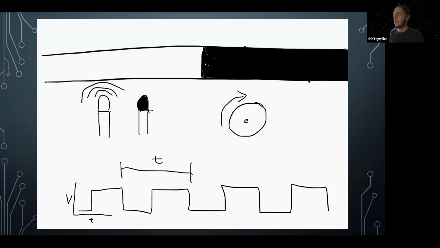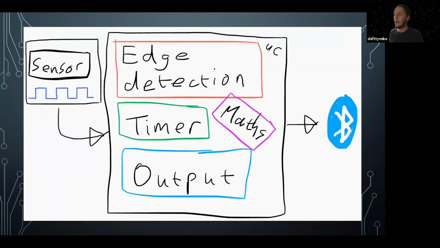So on the software side of things, we now have a sensor that has been built. You can see my artistry is improving. We have a sensor which outputs some kind of a square wave. Inside the microcontroller, we need to pick up on either a rising or falling edge, it doesn't matter. When that happens, we use a timer to measure the time between transitions.